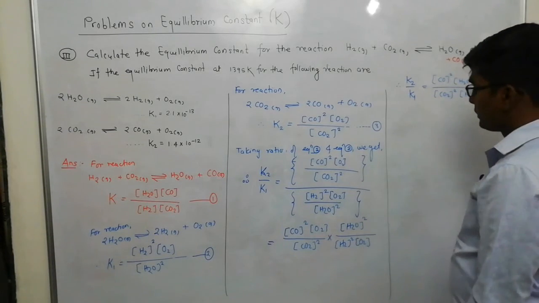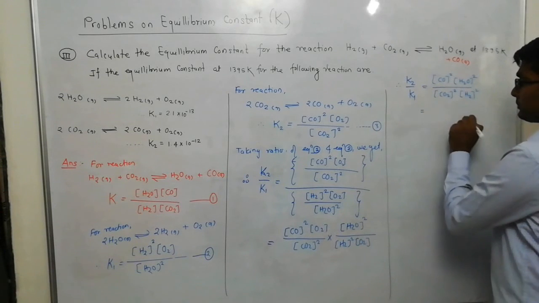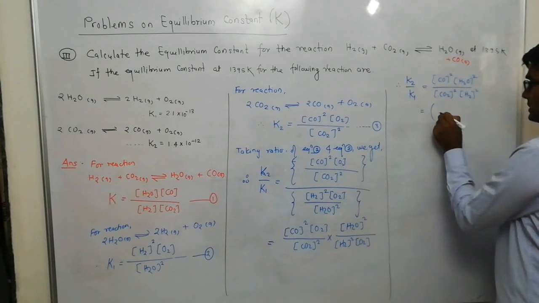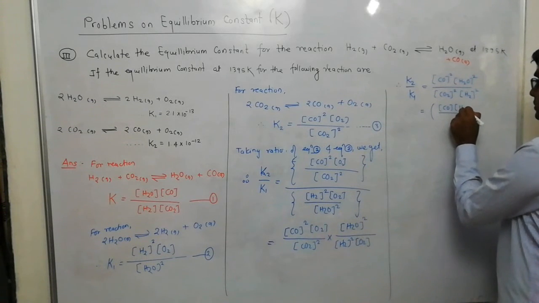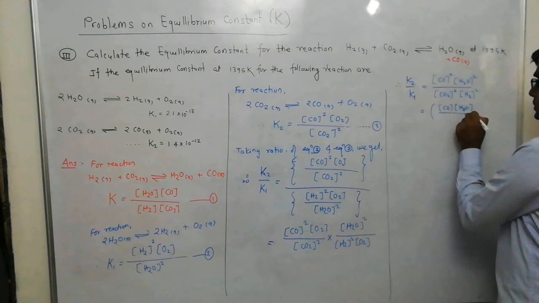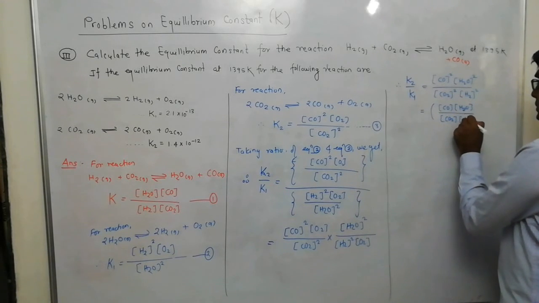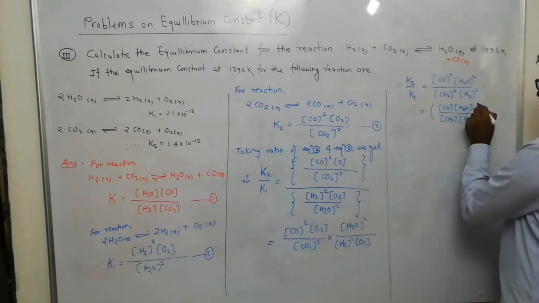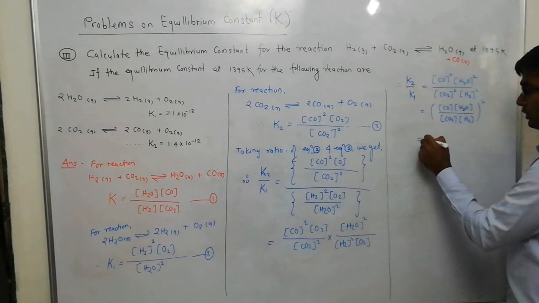By simplifying this we get concentration of CO into concentration of H2O divided by concentration of CO2 into concentration of H2, and the whole bracket raised to 2.